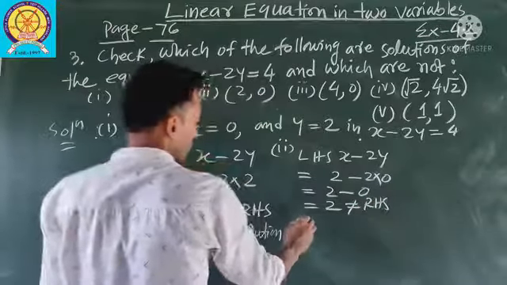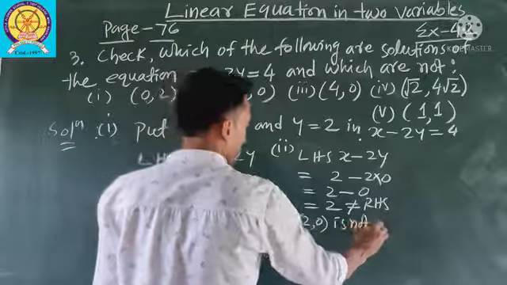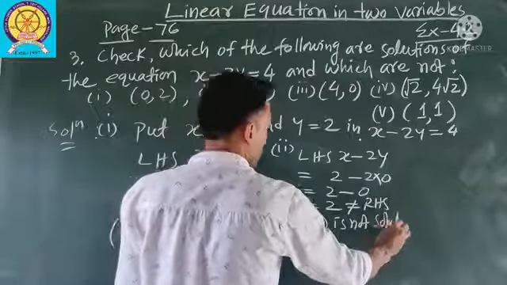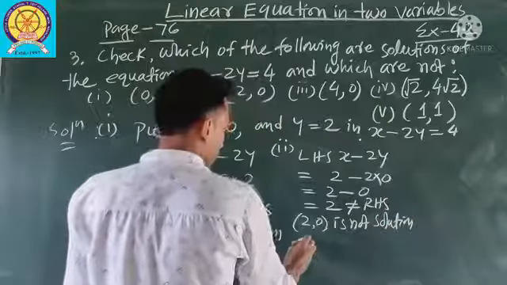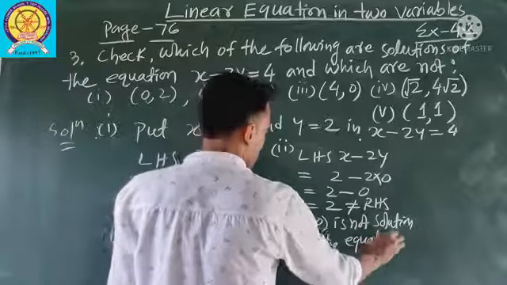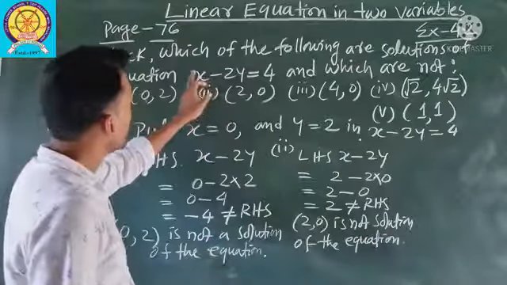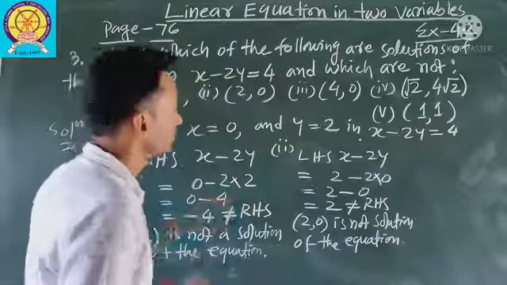So (2, 0) is not a solution of the equation.